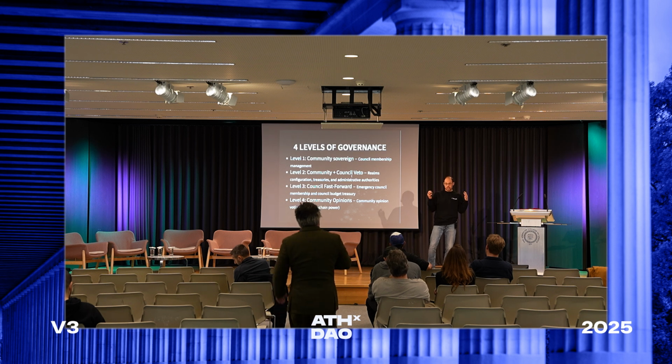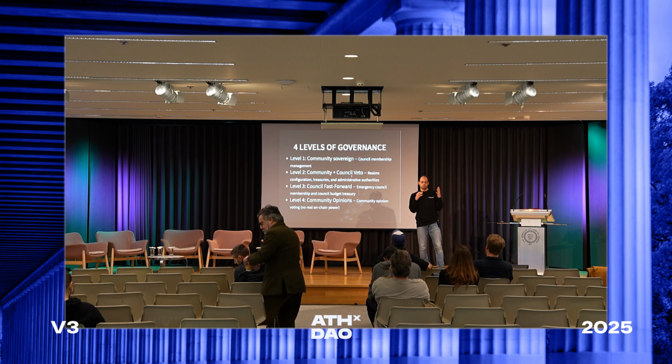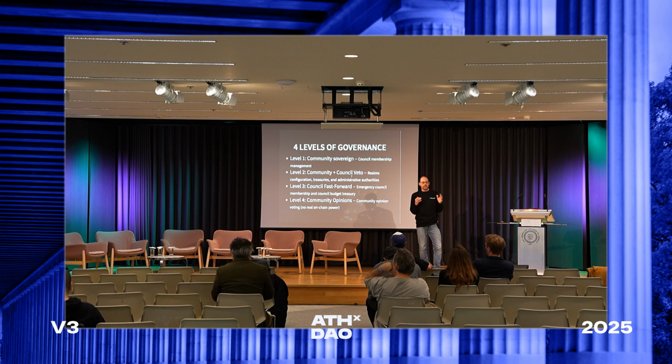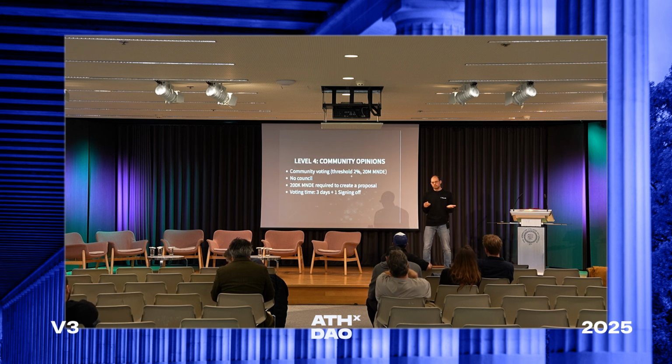And then, as I talked about these governances, we define 4 levels of permissions, how we think about it and how we design it. Still, this is in progress, but it's something that we are mostly there. So we have the community voting level, where the community of the MND holders can express their opinions about some stuff happening. There is no real power on chain.